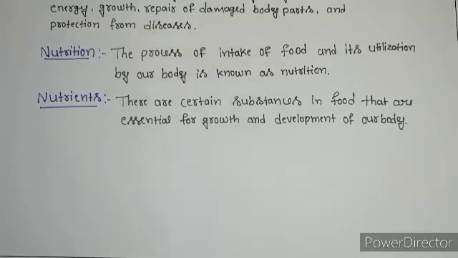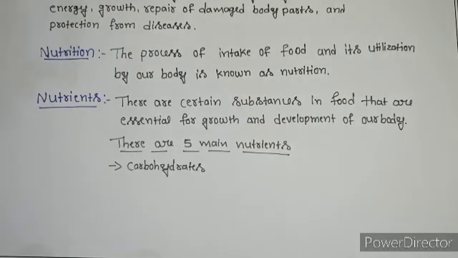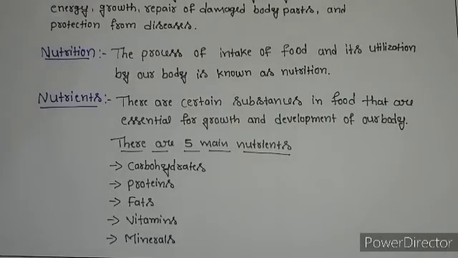There are certain substances in food that are essential for growth and development of our body, and there are five main types of nutrients: carbohydrates, proteins, fats, vitamins and minerals.